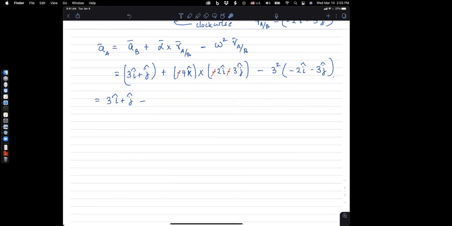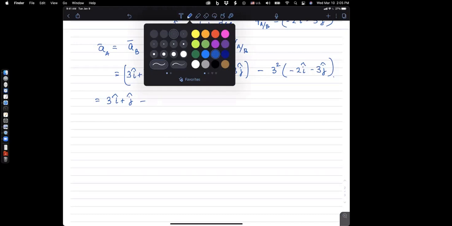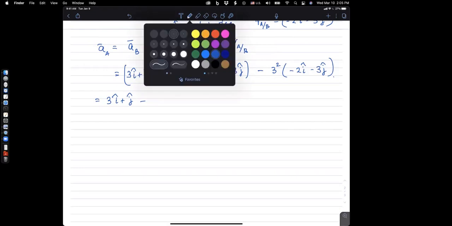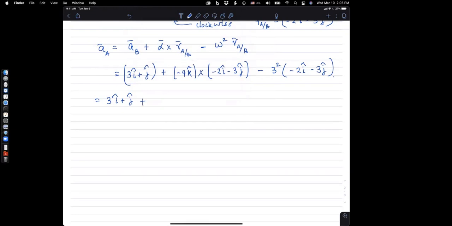Should I do that, or is that going to be misleading because I've converted the negatives to positive? In any case, let me just skip the negatives there. And basically 4 times 2, k times i, is what we have.